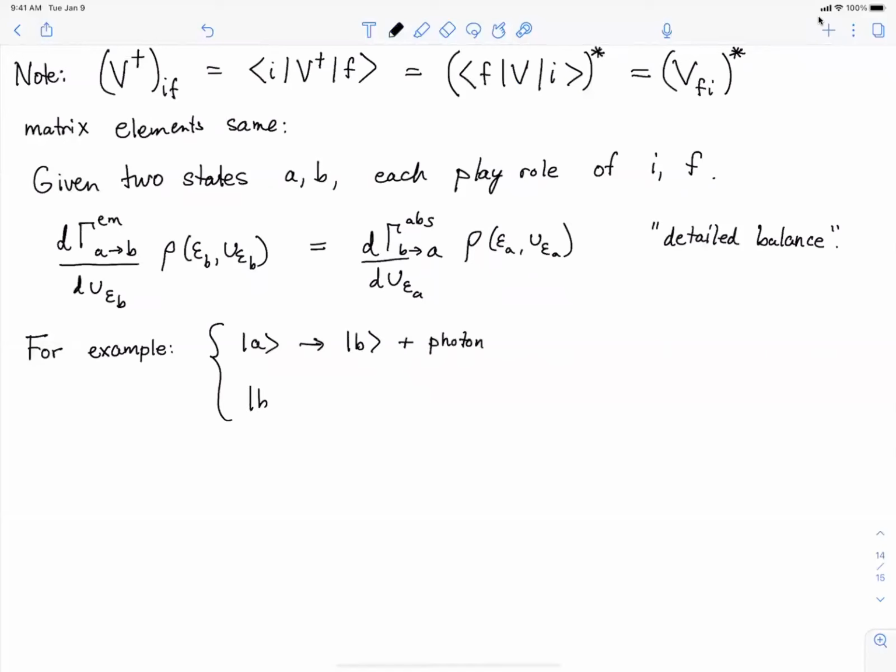And then you can have the state B absorbing a photon and transitioning to the state A. And these are related in a way that to get the details of, you have to know the density of states.